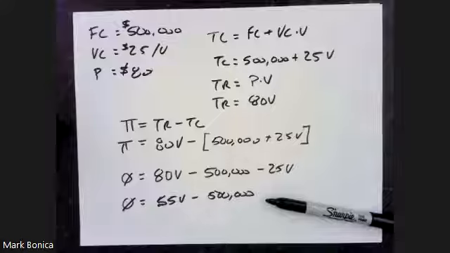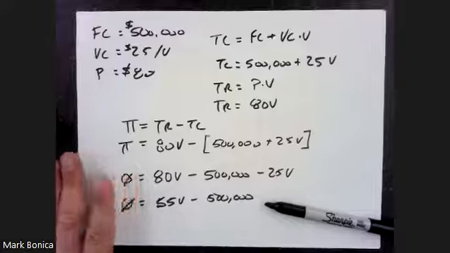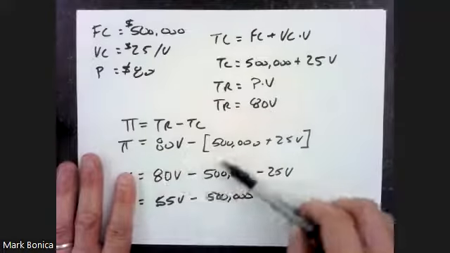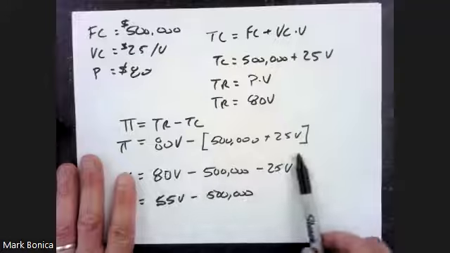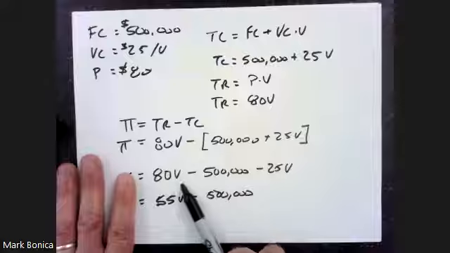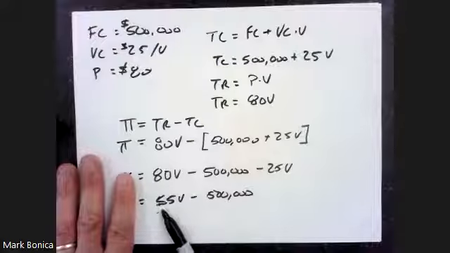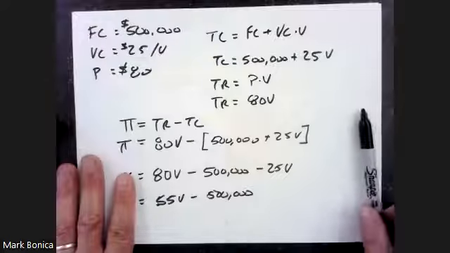We could have just left the pi there and carried the pi down. Do you guys follow me? I haven't done anything with this left side. I could have just done the consolidation of terms and said profit equals 55V minus 500,000.